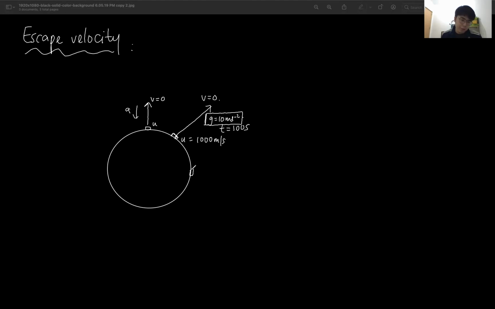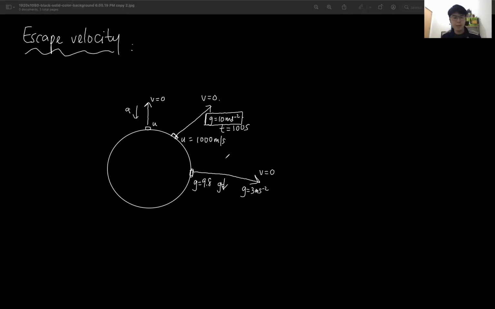Now I launch it the third time. This time I launch it high enough that we start to see that the g changes a bit. So g over here, say 9.8, and g over here, they keep on decreasing. As it increases in height, the g decreases. And at the tip, g equals, let's say, 3. The gravitational acceleration now drops to 3 meters per second squared, and the object hits 0 velocity at this point.